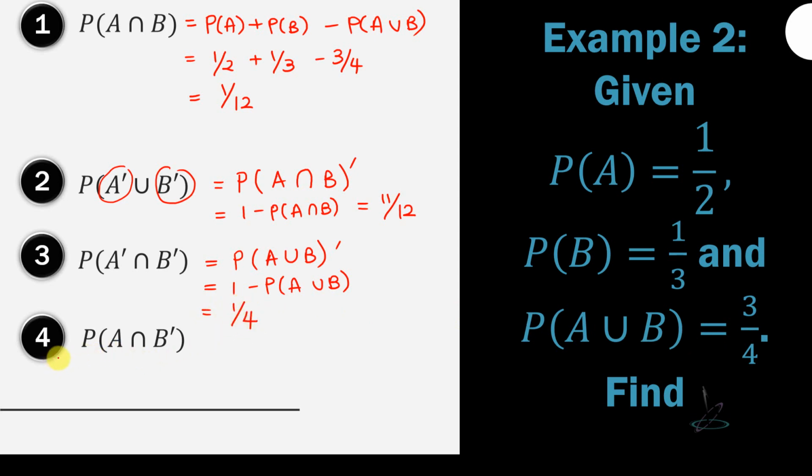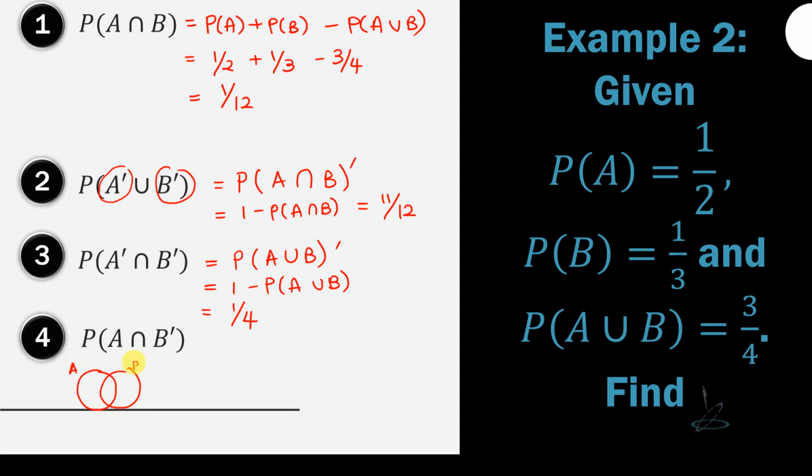Okay, so now the fourth one, probability of A overlap with B prime. I did not give this in the probability rules, but we can draw a Venn diagram to understand it better. So let's draw the Venn diagram.